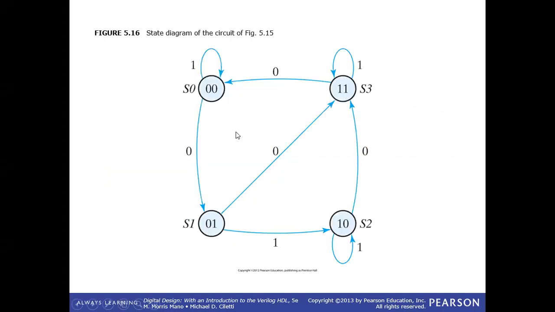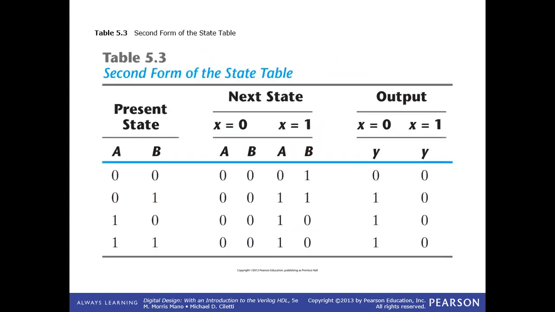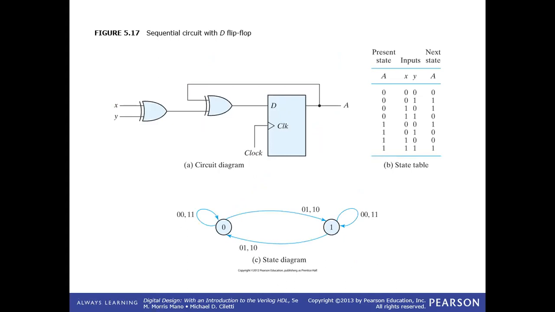In this diagram, the states are represented as 00, this is 11, state number 3, this is 01, state number 1, and this is 10, state number 2. They are represented in the form of zeros and ones with the input and output relationships. I'll explain it in detail in the coming cases. So this is a diagram representing this table in general, and you have a sequential circuit over here with a D flip-flop.